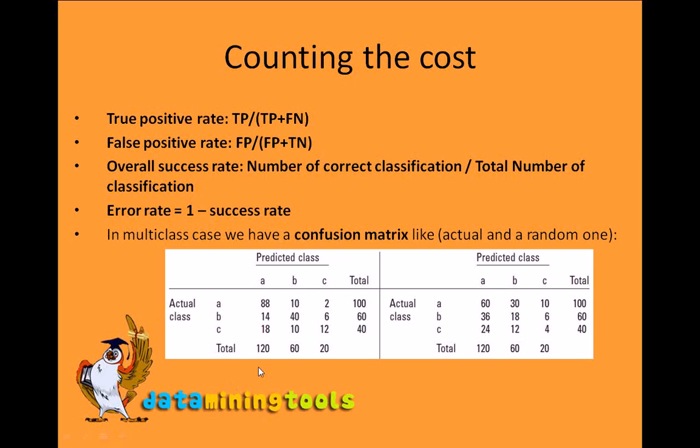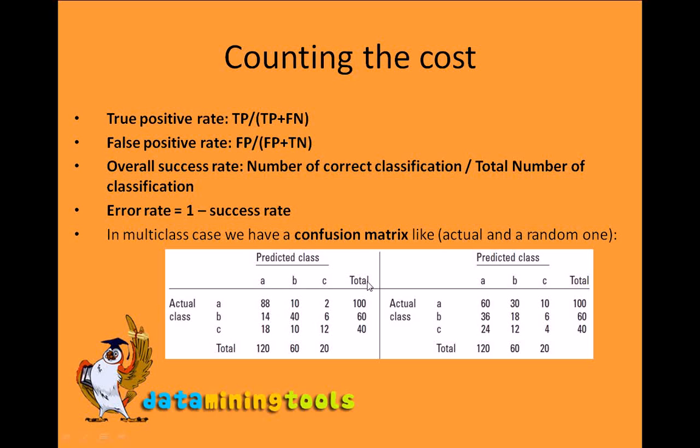In multi-class case, we also have a confusion matrix like this. If you see the left part of this diagram, this is a confusion matrix where the three classes that can be there in the outcome are A, B, C, and these represent the actual classes and these represent the predicted classes. Again, a case where both actual class and predicted class are the same is a correct classification.